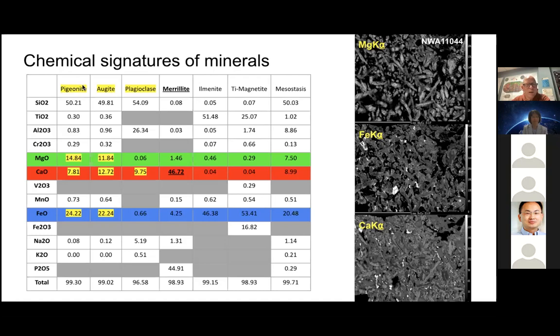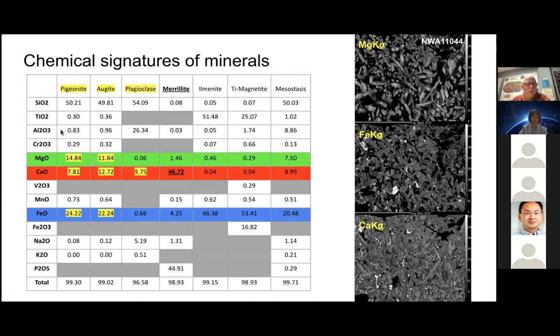In the top row, we have the names of constituent minerals within the sample. And in the first column, we have the elemental composition that we measure. We can see that these elements are bonded with oxygen because most of the minerals that we're analyzing in this case all have oxygen bonded to their crystal structure.